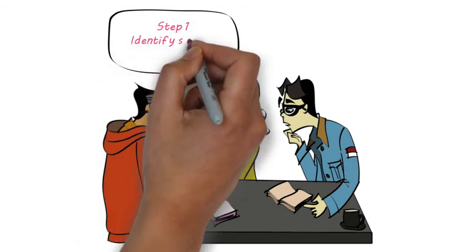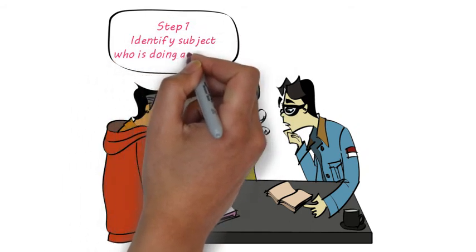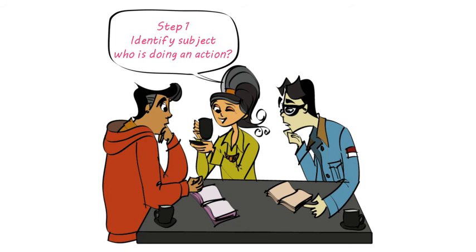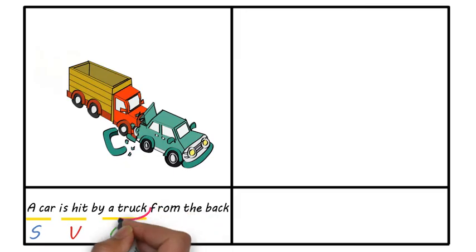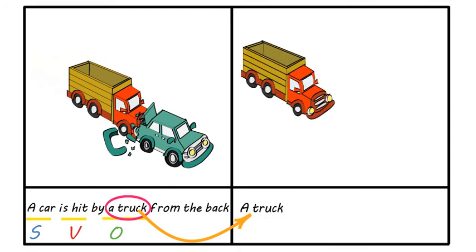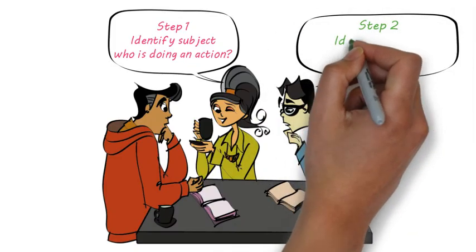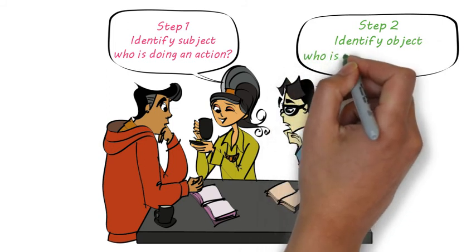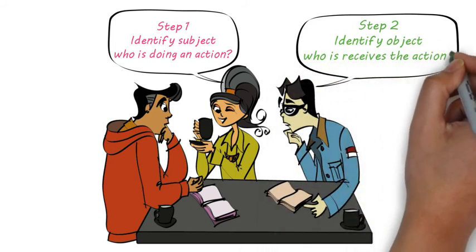Step 1. Identify the subject of the sentence who is doing an action. The only thing doing an action here is the truck. So, the truck is the subject of the active sentence. Step 2. Identify the object of the sentence who receives the action.